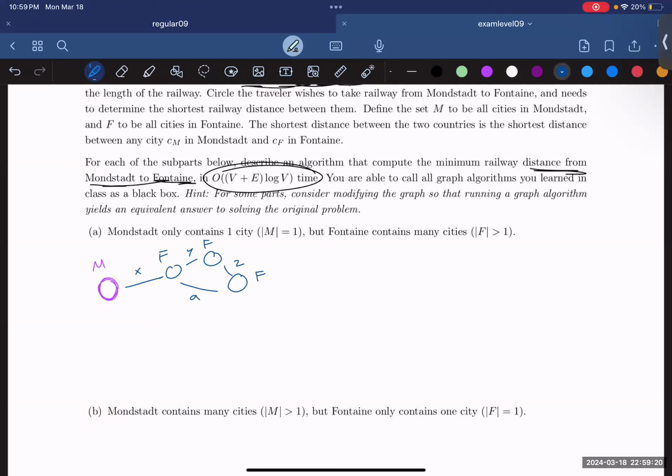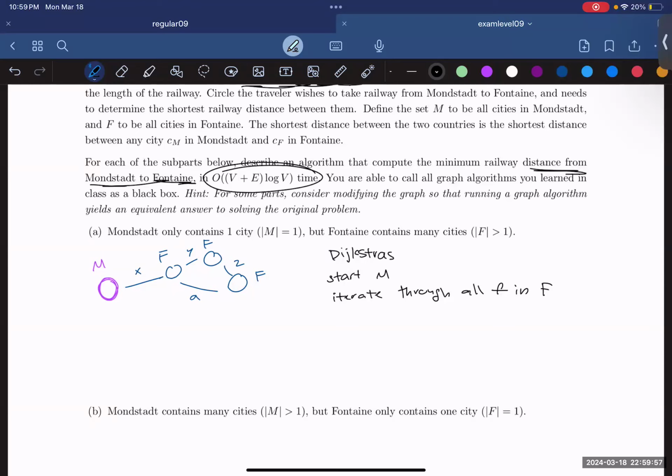Because we want to find the shortest distance from Mondstadt to any city in Fontaine, we can just run Dijkstra's. We start at M and iterate through all cities in Fontaine. In doing so, this is going to give us the minimum distance from that one city in Mondstadt to any of the cities in Fontaine.